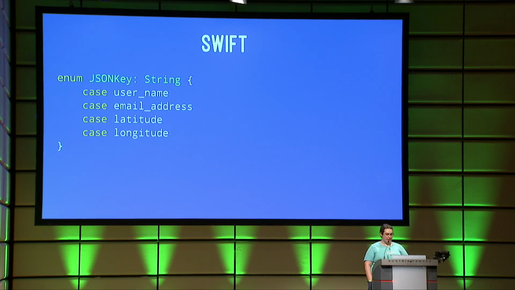In addition, enums with underlying string values allow you to automatically get the string name as the raw value of the case. And you can also provide different underlying values for each case. So one of the really great examples of how powerful this is Swift's Codable functionality.